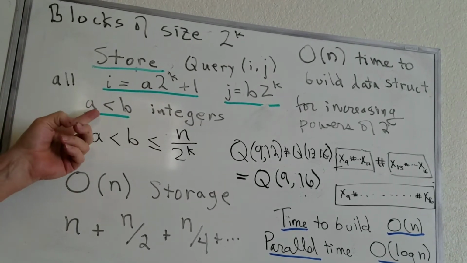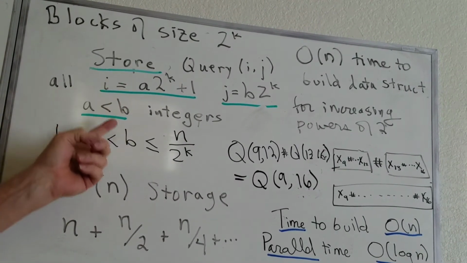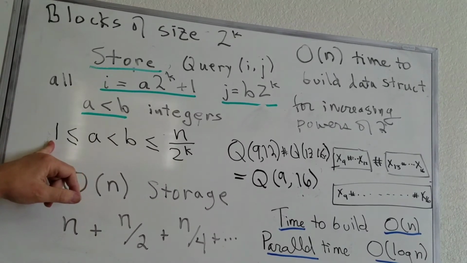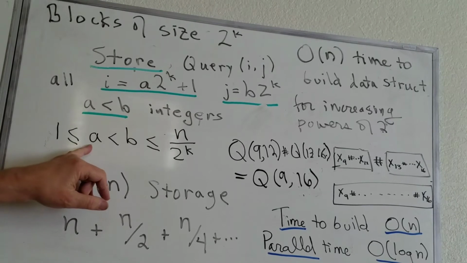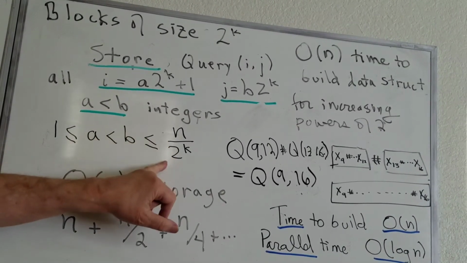And of course, a has to be less than b, because j has to be greater than or equal to i. Now, that means the range of a's and b's: a has to be at least 1, b has to be no more than n over 2 to the k.